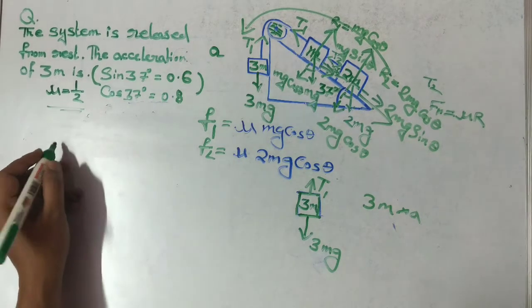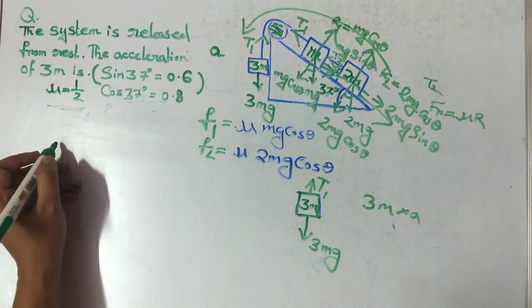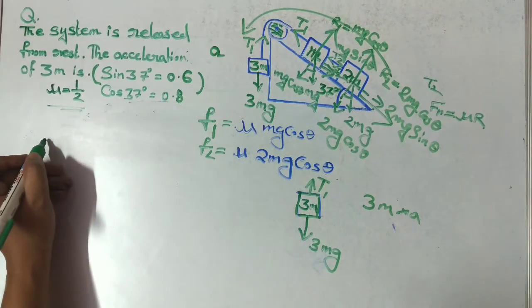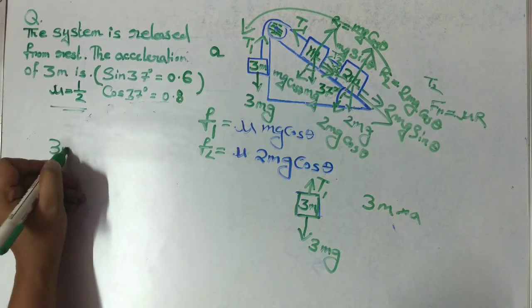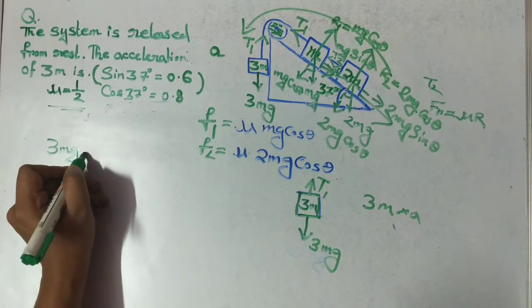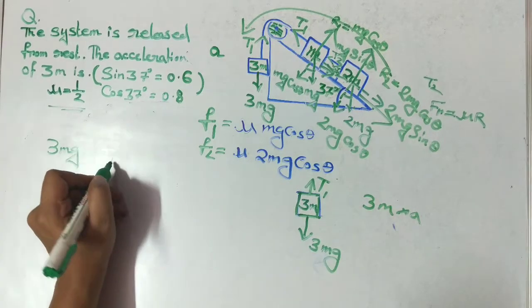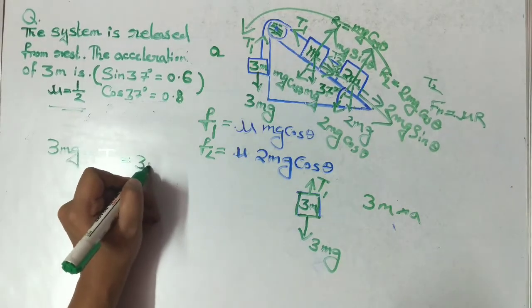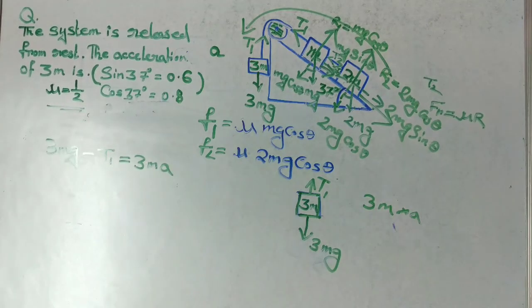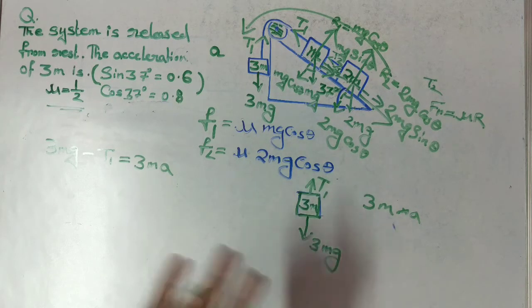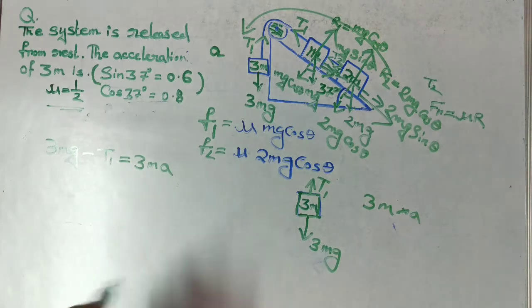So we can write an equation here: 3mg minus T1 equals 3ma, right? The net force 3mg minus T1 equals the force which is the cause of acceleration in the mass 3m.